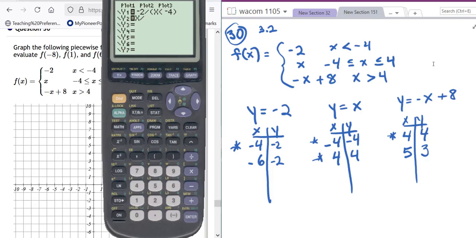So to put this in the calculator, we are going to write x is greater than or equal to -4 and x is less than or equal to +4. So we're going to have to separate them to put them in. So we'll do the divide. We do the parentheses. Right? So we'll do x.